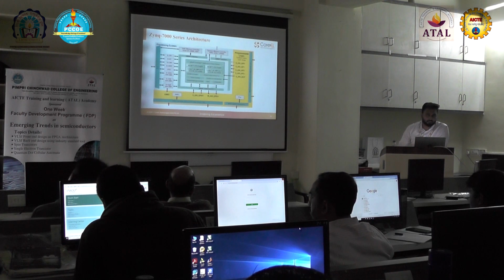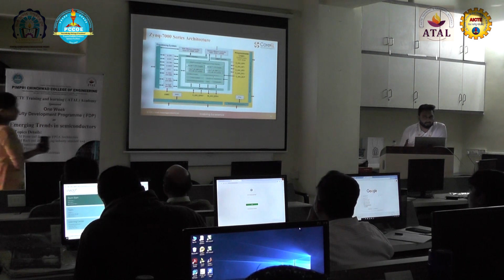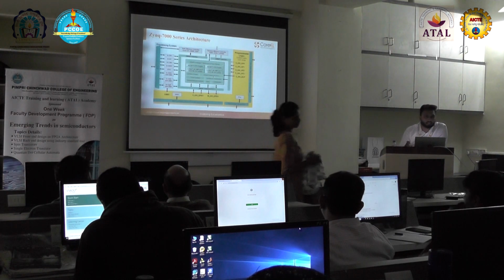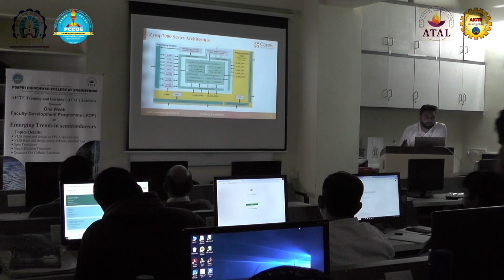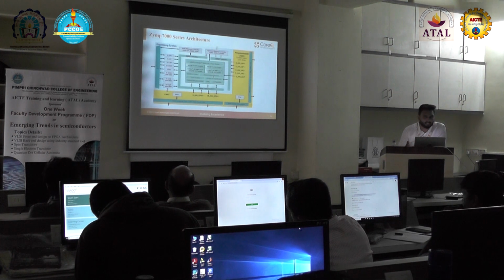It monitors whether the data is updated or not. If updated data is detected by the Snoop Control Unit, it updates the data in the Cortex-A9 as well as the L2 cache.